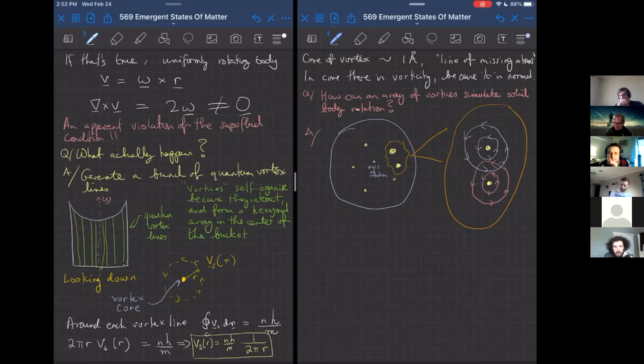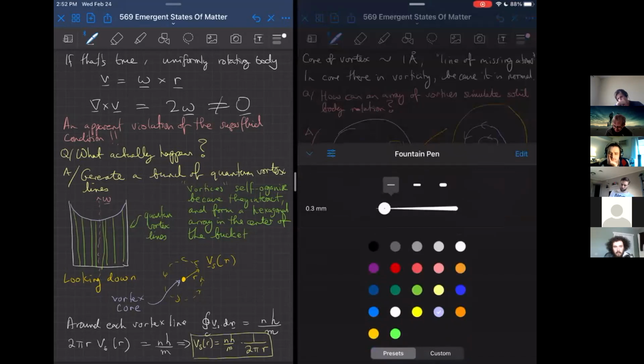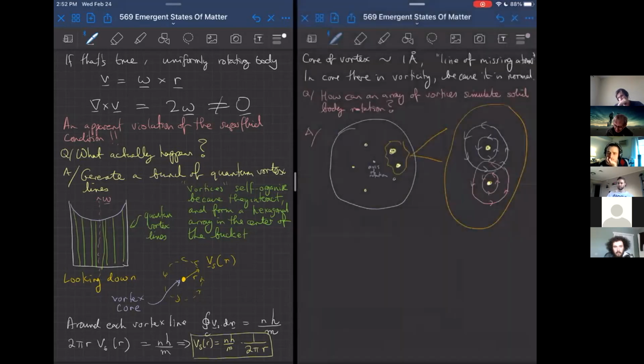What you can see from this picture is that in this region over here, the velocity is less, it cancels out somewhat.